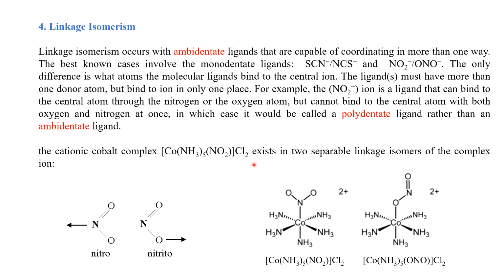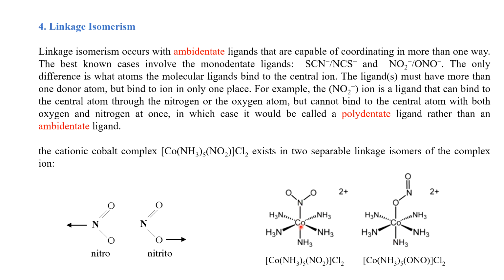So this complex which has an NO2 ligand, I have given the structure also. In this complex, see, in one case the nitrogen is coordinating with the metal. In another case, the oxygen is coordinating with the metal center. So these two will be called linkage isomerism. Why linkage?